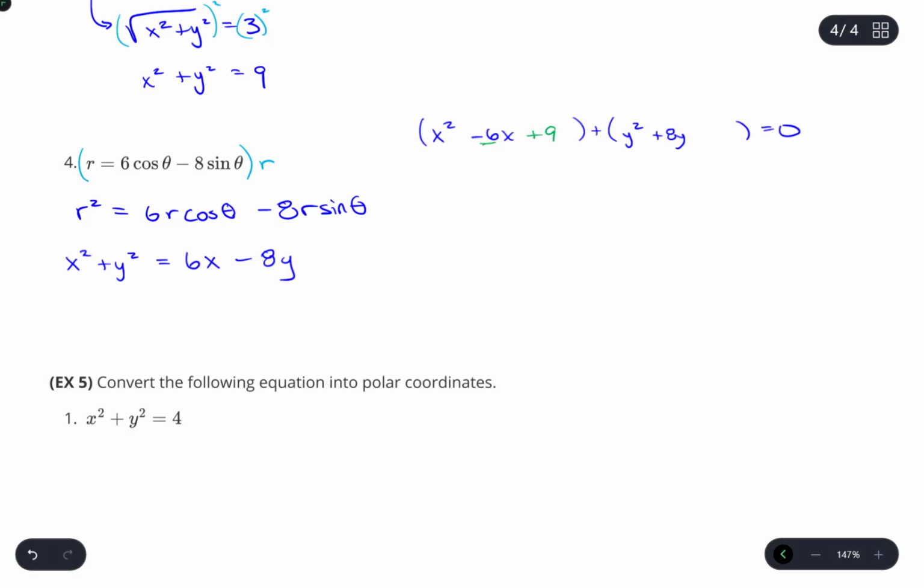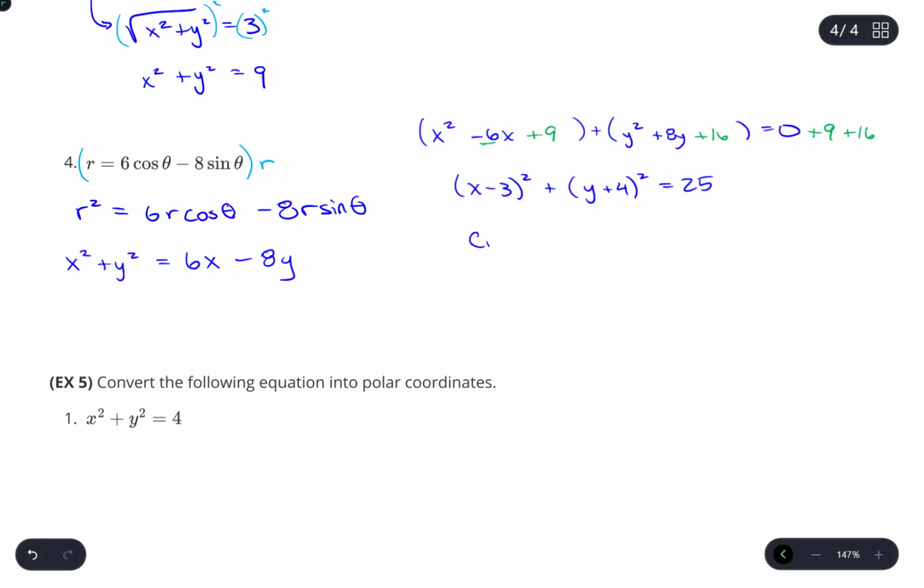So I'd add 9 here and here. 8 divided by 2 is 4, 4 squared is 16, and then I would add 16 there. So this becomes x minus 3 quantity squared plus y plus 4 quantity squared equals 25.